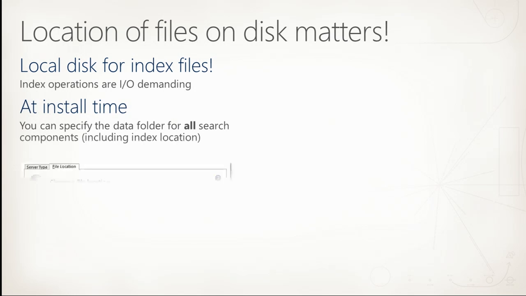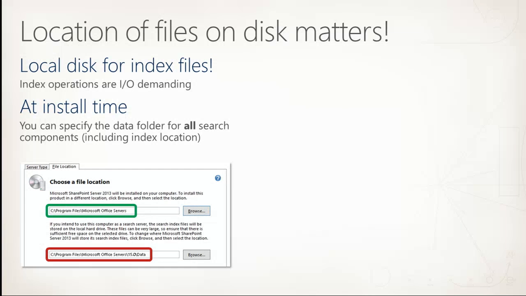What you typically can do is specify the location for search data files at install time. Here is just a screenshot from the installation UI. The red one below there specifies the data folder for search. It's actually for all search components in this case, even if the text there is not completely specific on that.